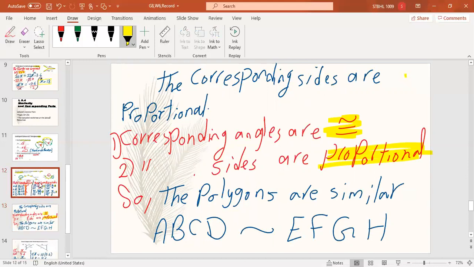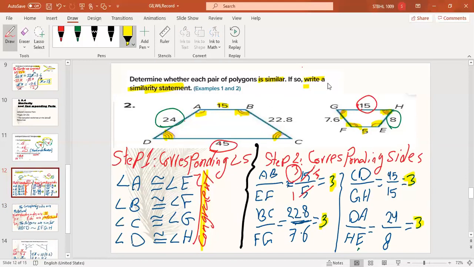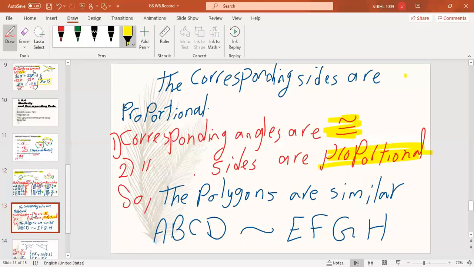And don't forget that the question here asks, if so, write the similarity statement. Here we go. This is the similarity statement. Polygon ABCD, this is the symbol for similar, and we read it similar to polygon EFGH.